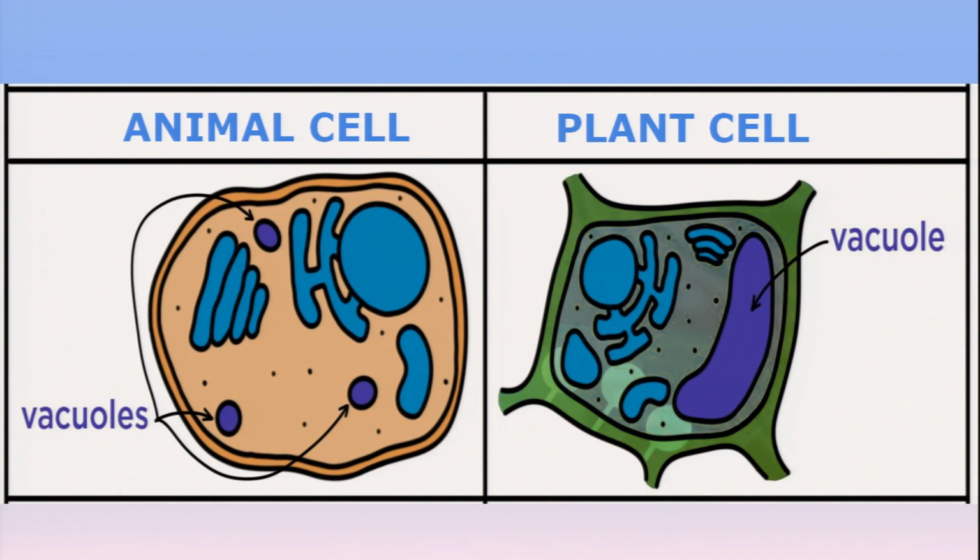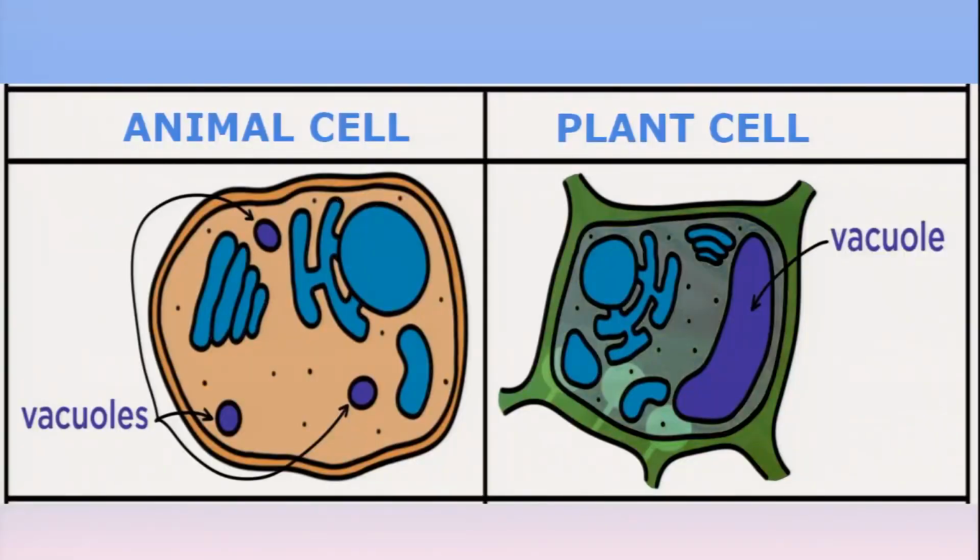In a mature plant cell, the vacuole may be so large that it may occupy 50 to 90% of the cell's volume. That's why in a matured plant cell, the nucleus is pushed toward the cell wall. So you see the basic difference between animal cell and plant cell is that the number of vacuoles is many in animal cells and it's single in a mature plant cell.